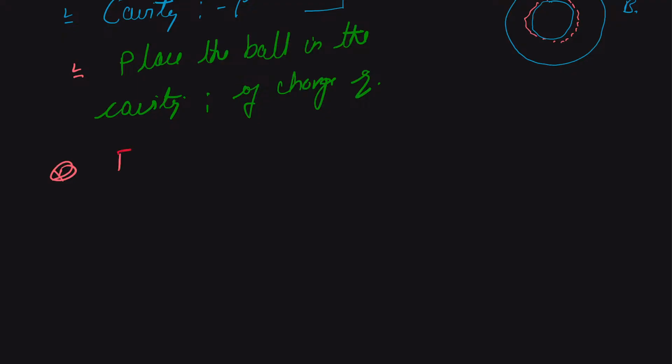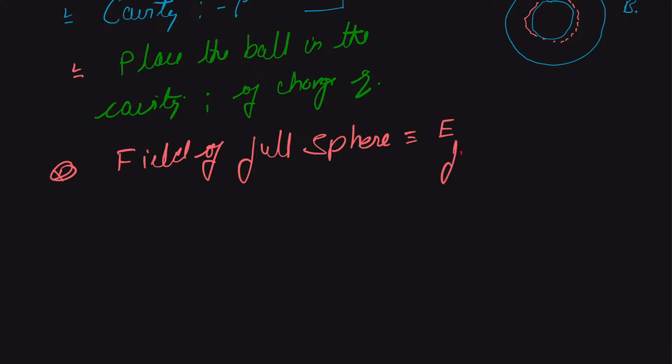So we can say electric field of the full sphere, at a distance of R, will be equal to rho upon 3 epsilon naught, and we have this as R vector.